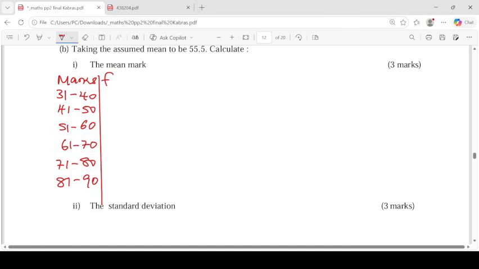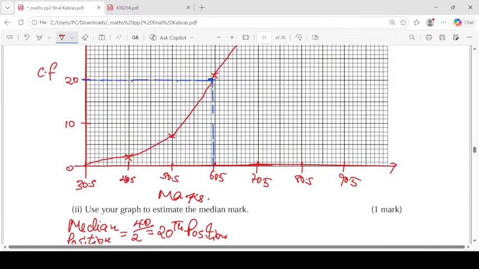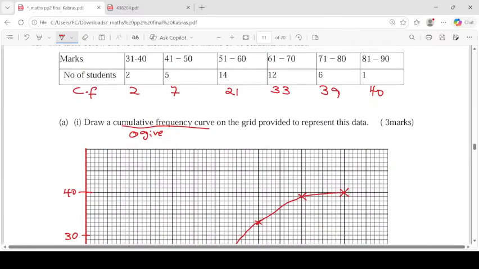We had the frequencies as 2, 5, 7, 14, 12. Have I skipped one? Let me just confirm the frequencies. 2, oh sorry, it should be 2, 5, 14, 12, 6, then 1.